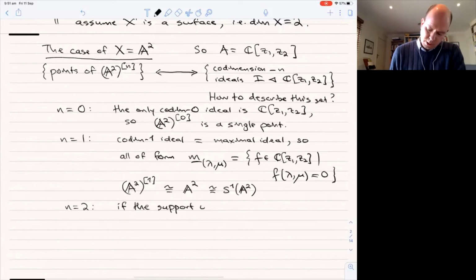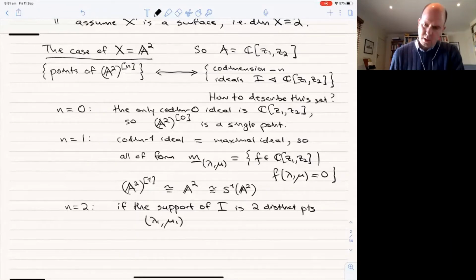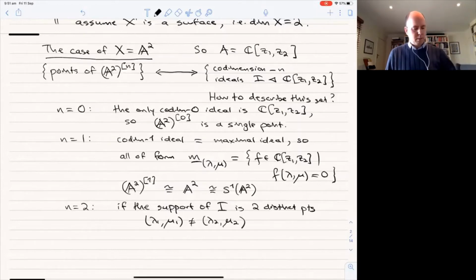So the easiest to think about is the case where the support is 2 points. Then the fact that the support is these points means that the ideal is contained in the maximal ideals corresponding to these points.